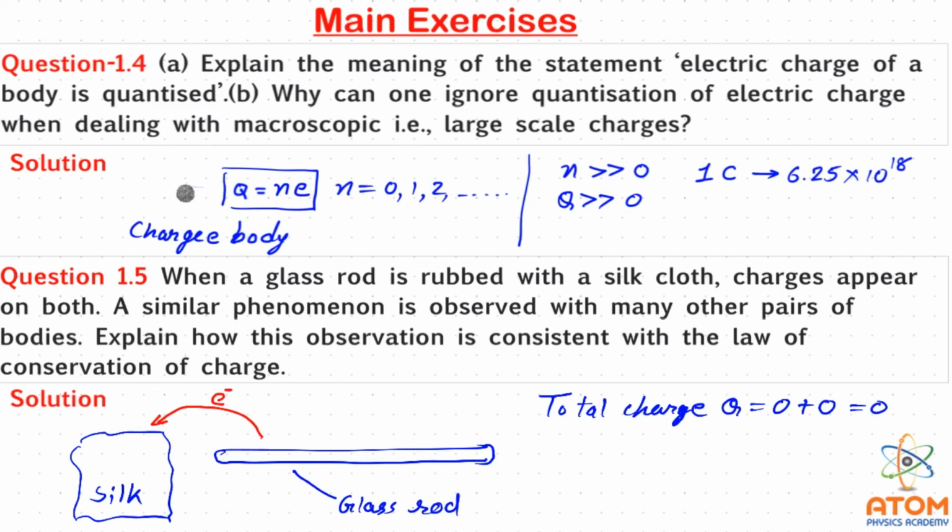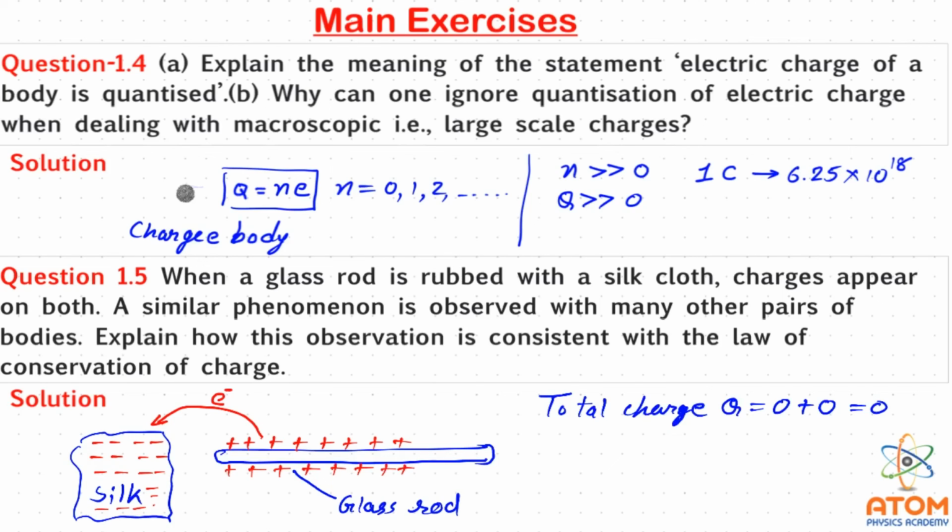Now, finally, what will happen? Due to the transfer of electrons, this rod will be positively charged, because electrons are transferred away. The number of electrons will reduce, but the number of protons is the same, so it will become positively charged. At the same time, silk was neutral, but now silk gets some amount of excess electrons, and that's why silk will become negatively charged.